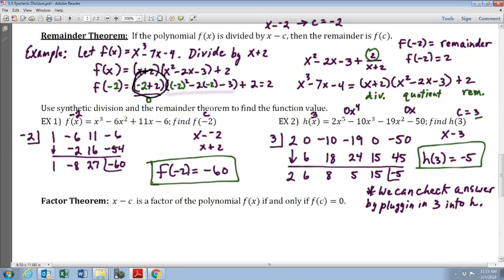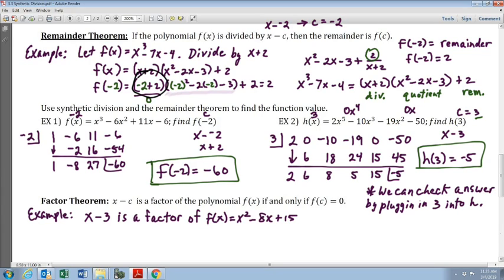So I'm going to refer you back to example 1. And we learned in example 1 that x minus 3 was a factor of f of x equals x squared minus 8x plus 15. In fact, we divided x squared minus 8x plus 15 by x minus 3, and I think we got x minus 5.